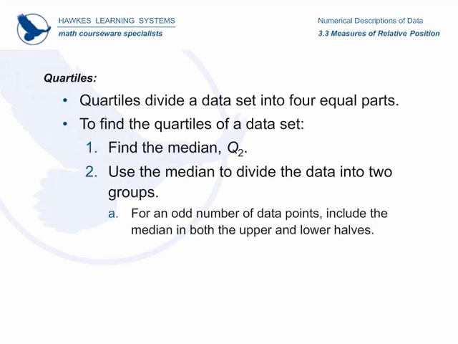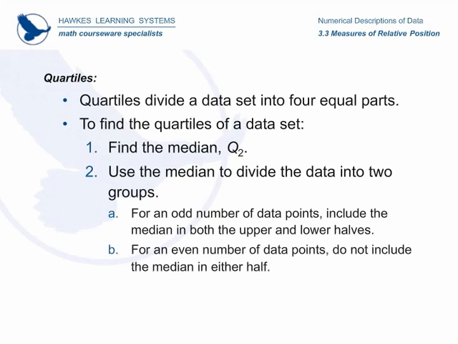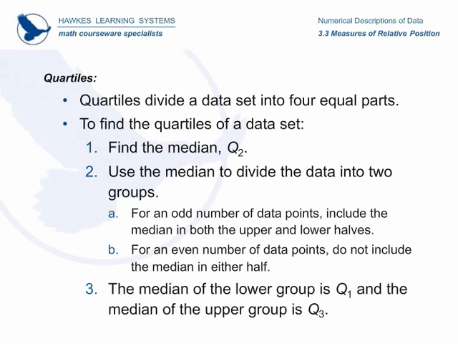For an odd number of data points, include the median in both the upper and the lower halves. For an even number of data points, do not include the median in either half. And step 3, the median of the lower group is Q1 and the median of the upper group is Q3.